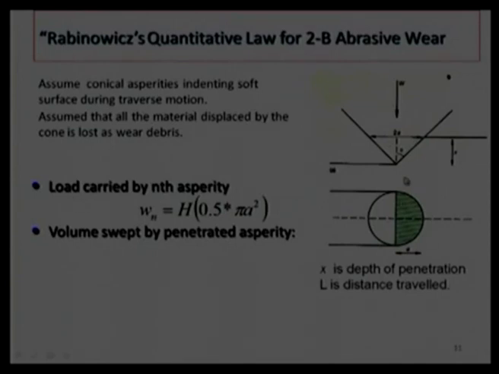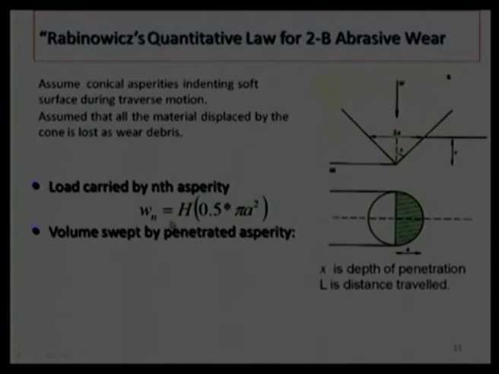As it is a conical shape, the area here is pi a square, but I will take half of that and multiply with hardness, because our assumption is plastic deformation. Material is undergoing plastic deformation, and the easiest way for that is to multiply with the hardness. If it is within the elastic limit, then I will multiply with the yield strength or proportional limit.